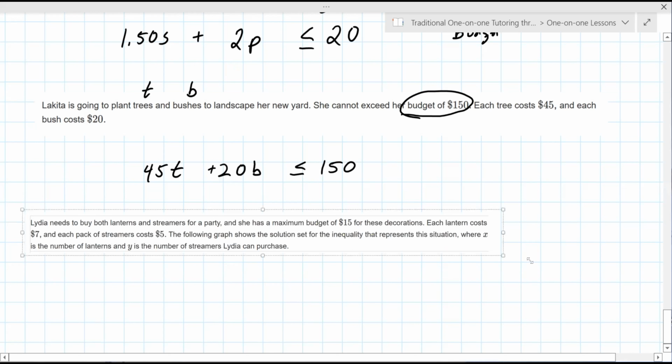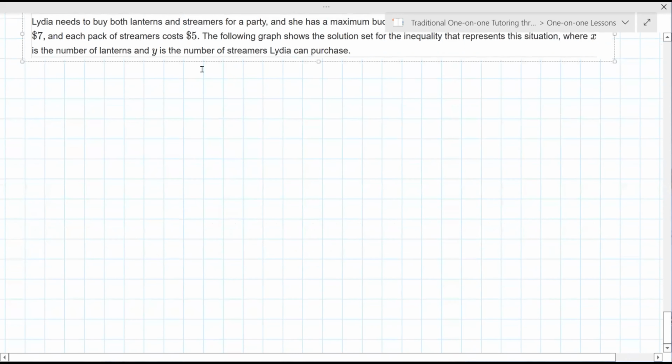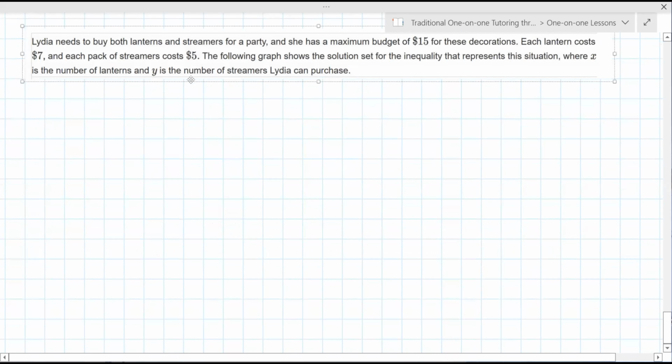Okay, Lydia needs to buy both lanterns and streamers. That's an interesting combination. Lanterns and streamers for a party, and she has a maximum budget of $15 for these decorations. So each lantern costs $7, and each pack of streamers costs $5.